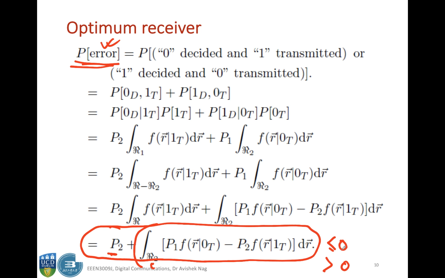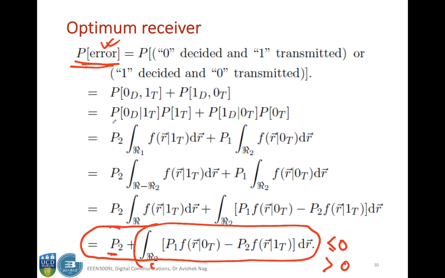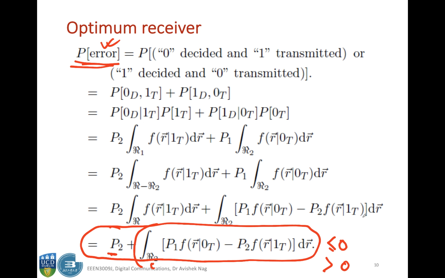You are observing all the points in R2 and you are deciding that since they are falling in R2, according to this rule, a 1 was transmitted. If that decision, based on the rule that you set here, gives you a negative term for this particular integral, then it's further minimizing the probability of error. So your decision is basically getting an advantage.